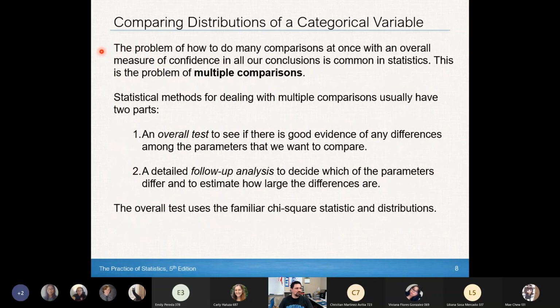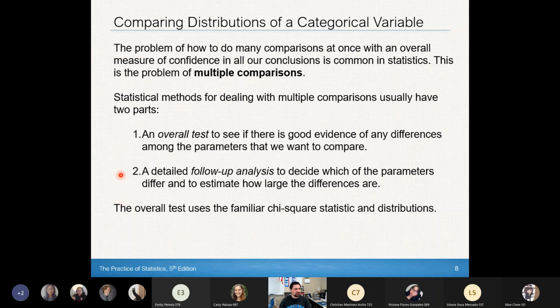The problem of how to do many comparisons at once with an overall measure of confidence in all our conclusions is common in statistics. This is the problem of multiple comparisons. Statistical methods for dealing with multiple comparisons usually have 2 parts. Number 1 is an overall test to see if there is good evidence of any differences among the parameters that we want to compare.